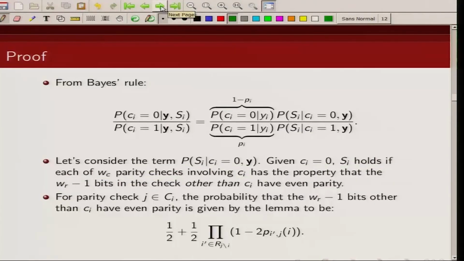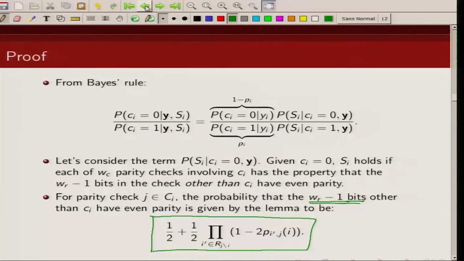Now, from the theorem that we have proved, we know what is that probability. Probability that other than Ci, WR minus 1 bits, they have even parity. That probability is given by this expression.